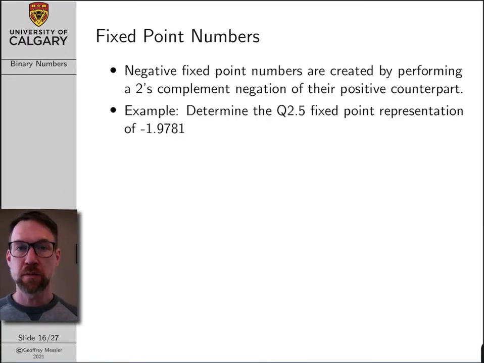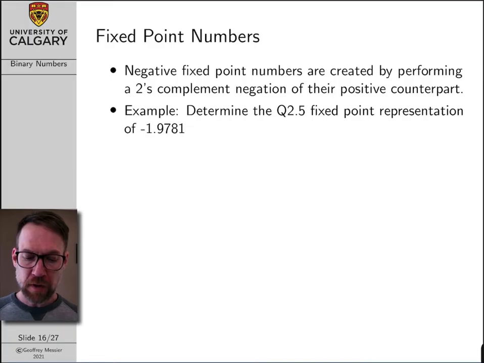Okay, so fixed point numbers can also be used to represent negative numbers. And negative fixed point numbers are just the 2's complement of their positive counterparts. So it's relatively straightforward. To start out with an example, let's determine the Q 2.5 fixed point representation for negative 1.9781.